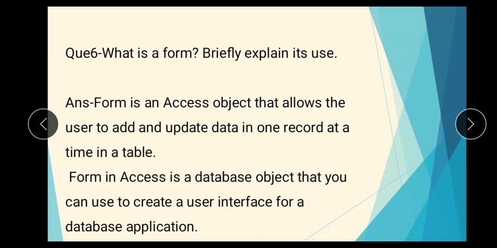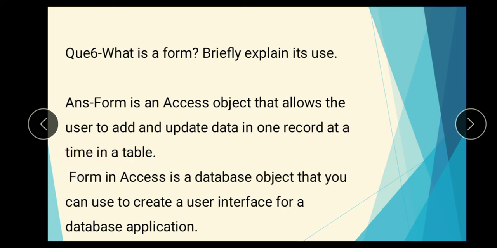Question number 6. What is a form? Briefly explain its use. Answer. A form is an Access object that allows the user to add and update data in one record at a time in a table.